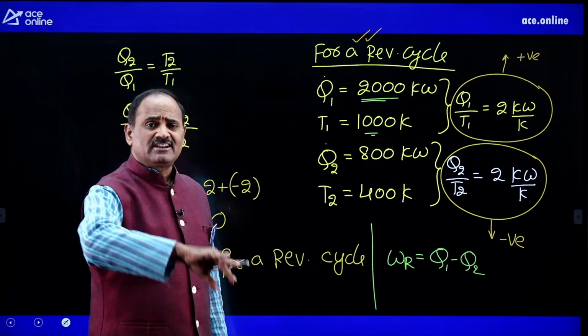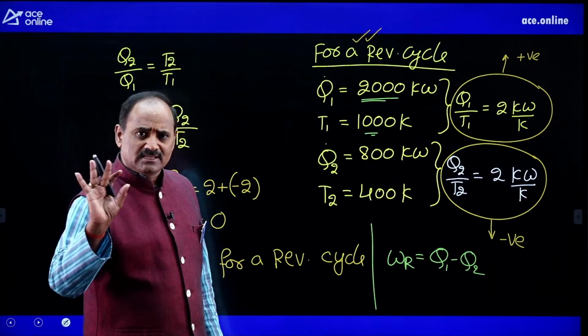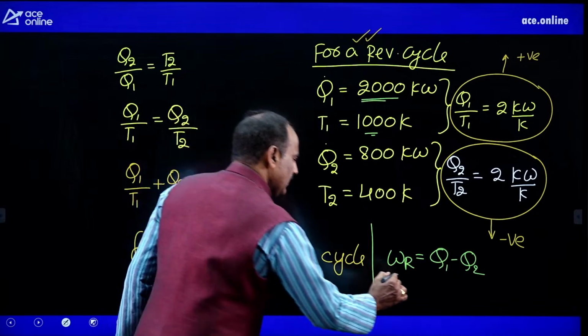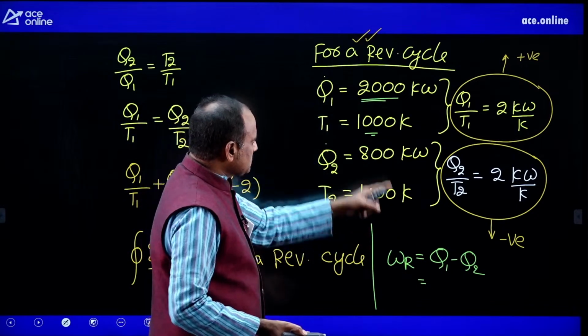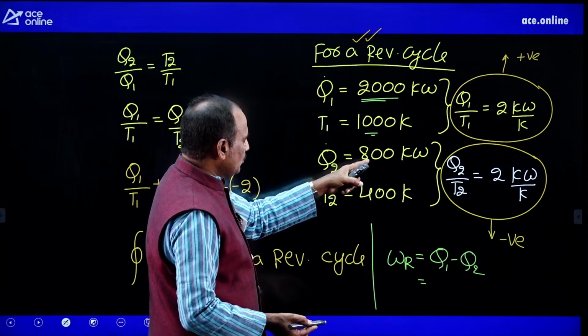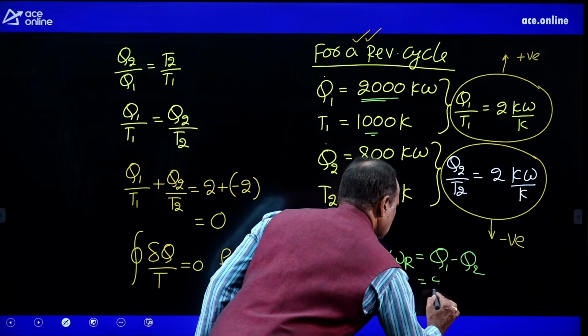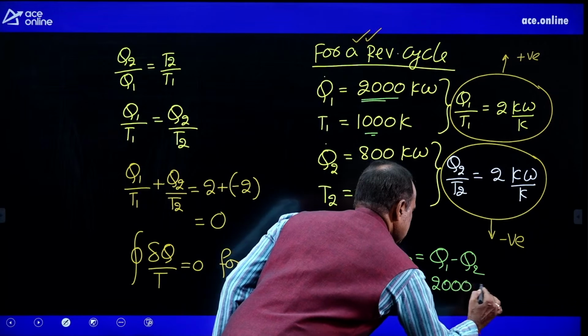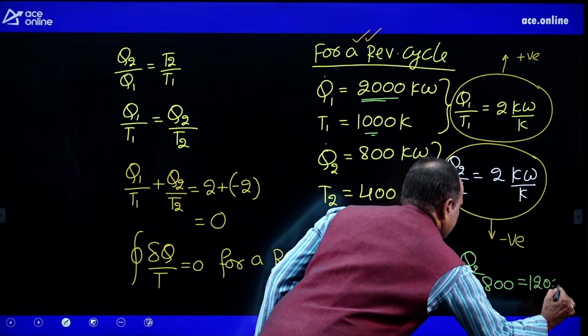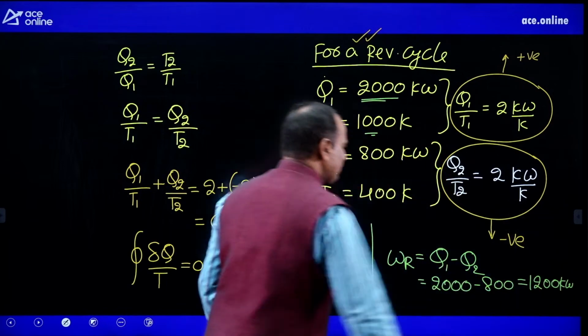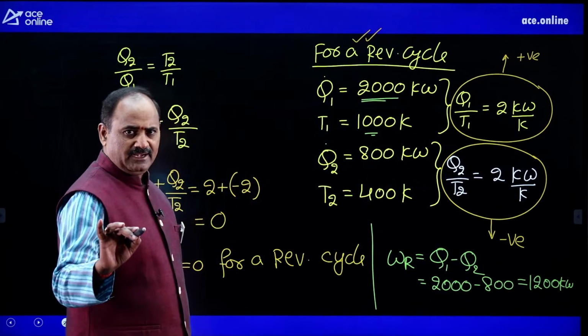The work output of the reversible cycle is Q1 minus Q2. Q1 is 2000, Q2 is 800, right? 2000 minus 800 is equal to 1200 kilowatts. That is the expected net work output from the reversible heat engine.